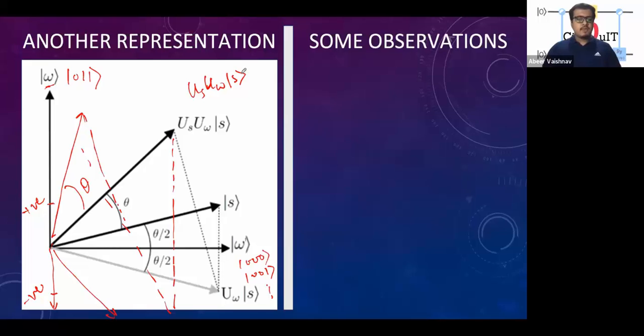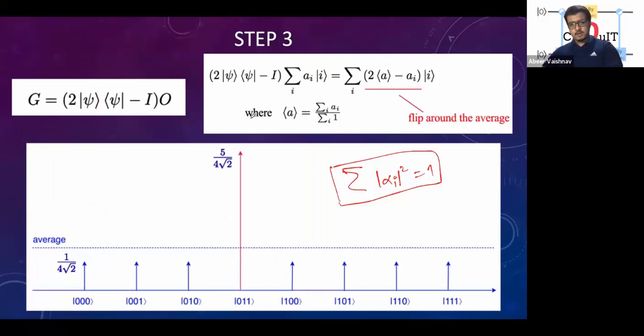A few takeaways or observations that we see from this is that the wave function always stays real. Why this is the case is because you saw in the amplitudes also, these amplitudes never go to the imaginary part, they always stay real.